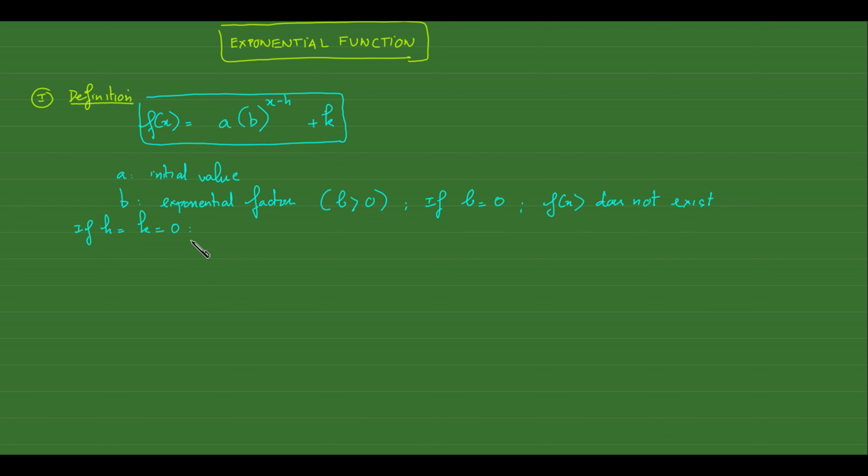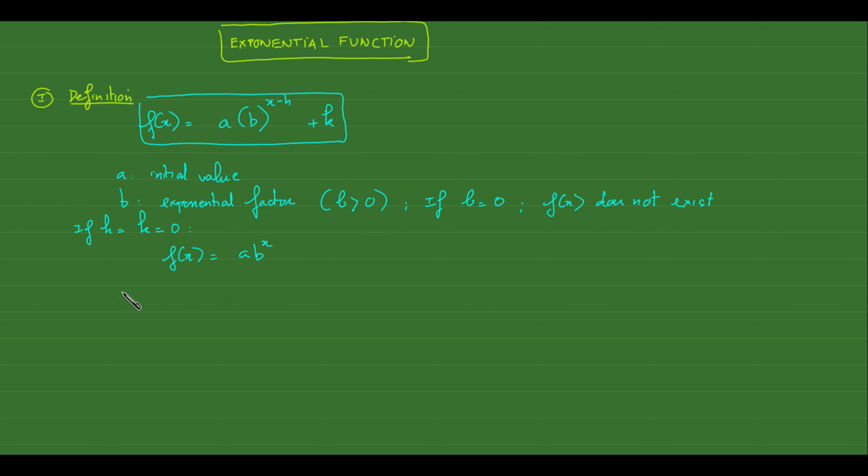My function becomes f of x equals a b to the x only. If it doesn't have any unit moving to the right or left, or up or down, then my function will become f(x) equal to a b to the x.